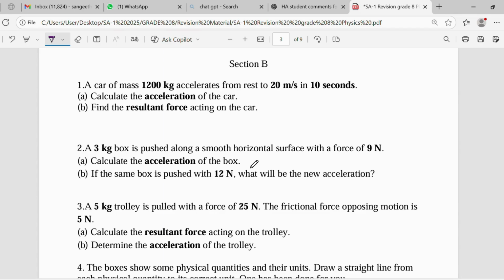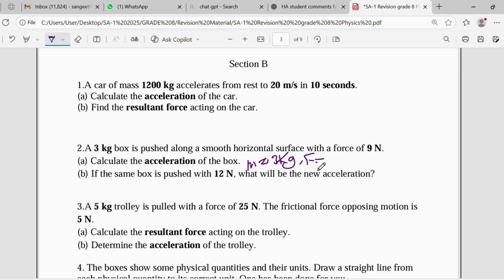That means question A. We have mass given as m equal to 3 kg, and force is given as F equal to 9 Newton.